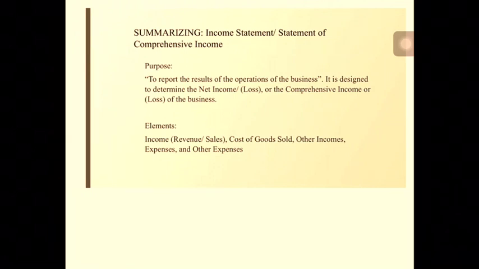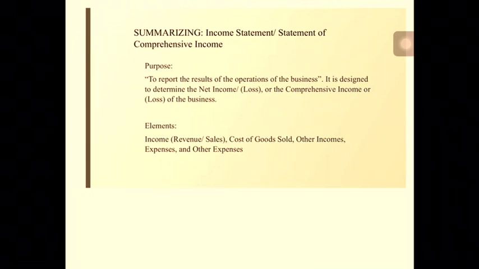Okay, there is also what we call cost of services, but when you say cost of services, these are simply the expenses incurred in a service type of business. But for a manufacturing or a merchandising type of business, we have a separate account to reflect the amount of the goods that the business was able to sell to its customers, and that is the cost of goods sold account.